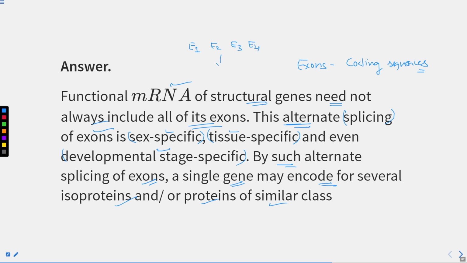After alternate splicing, suppose exon 1 is left, then exon 3, then exon 4, and this will code for a particular protein. And that's how we get different isoproteins or proteins of similar class.